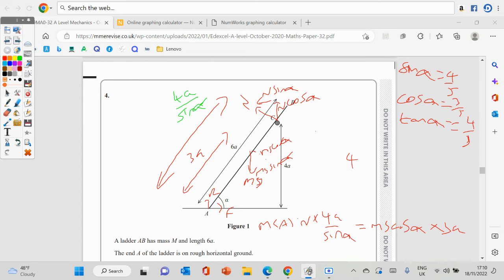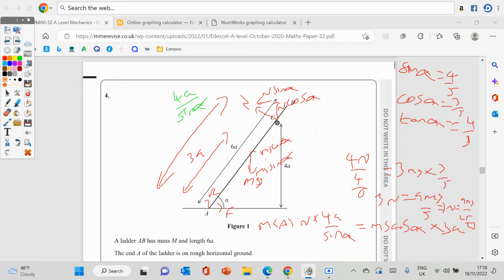So I'm going to get 4N divided by 4/5 is equal to 3mg times 3/5. So I get 5N is 9mg over 5. So I get N is 9mg over 25 as required.